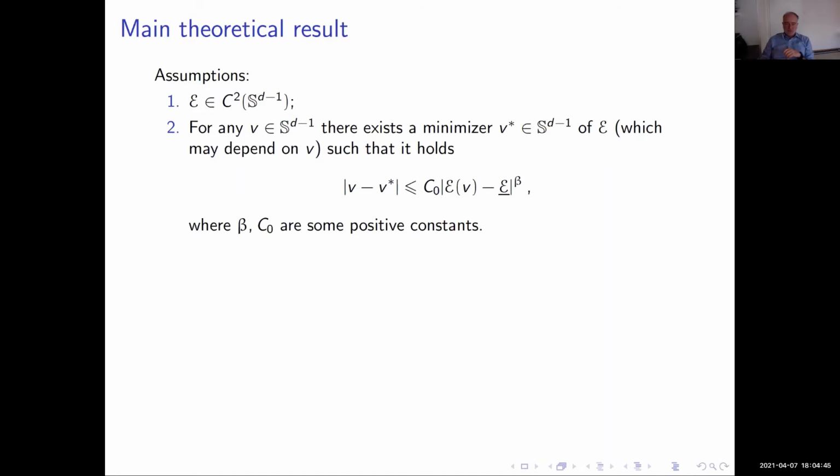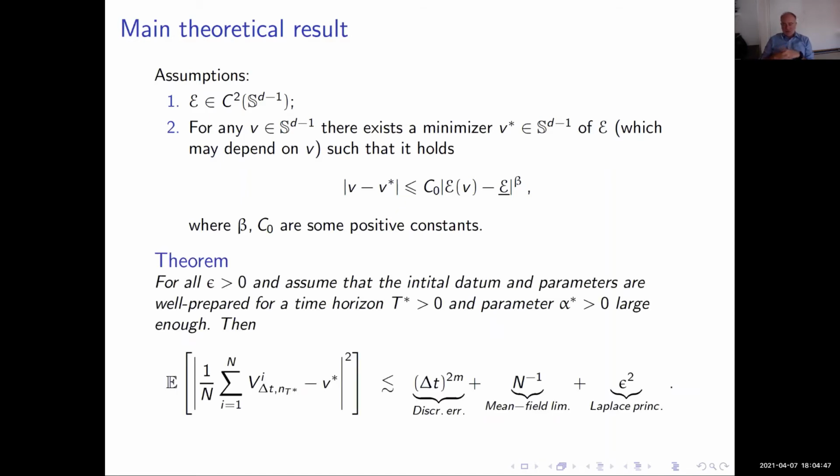These are two assumptions, and under these two assumptions, one can prove the following statement: for all epsilon, we can assume that the initial datum and the parameters are well prepared, and I will comment about this well-preparation of the initial condition and of the parameters later.